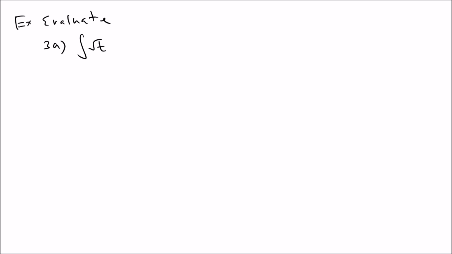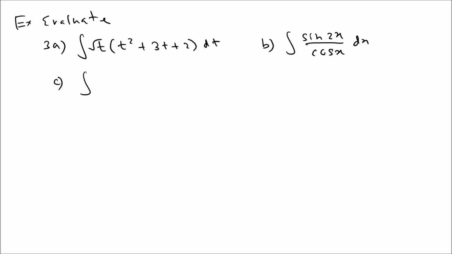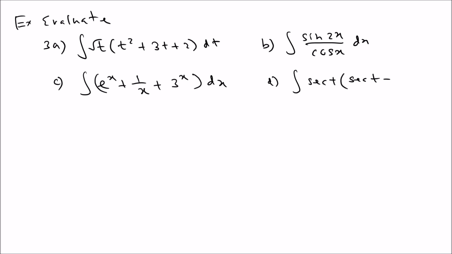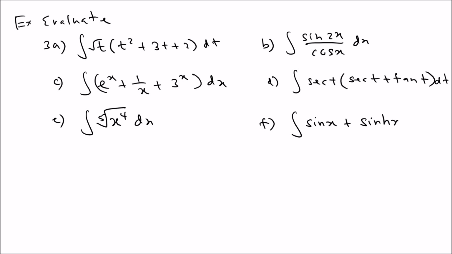So why don't you try the square root of t squared plus 3t plus 2 dt, and 3b, how about sin 2x over cos x dx, and c, we can do e^x plus 1 over x plus 3x dx, and d, you can do sec t plus tan t dt, and then e, how about x to the 4/5 root dx, and f, sin x plus sinh x dx.